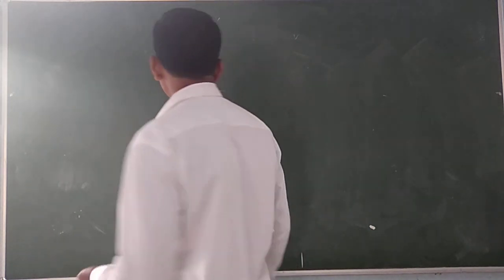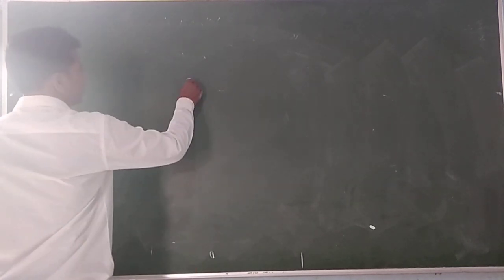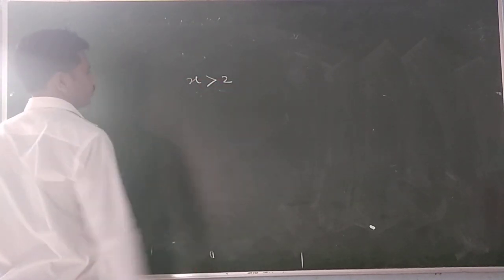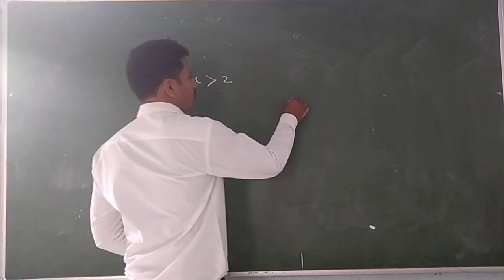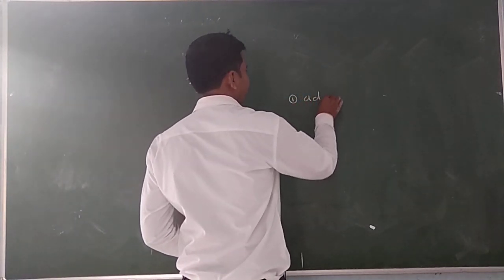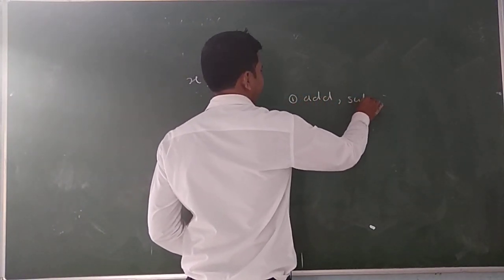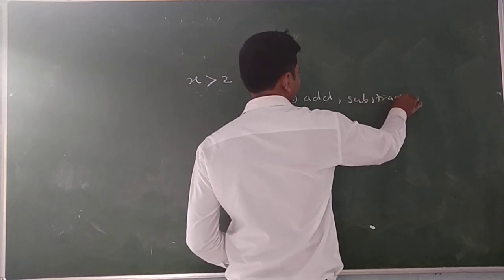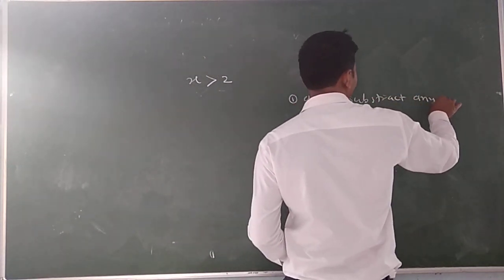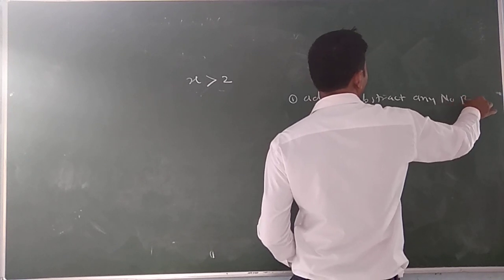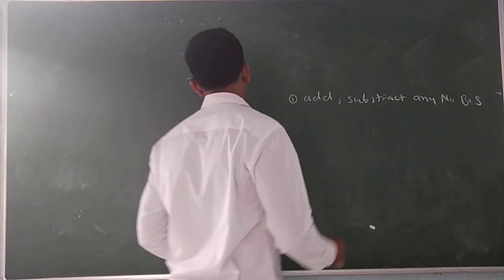Before going to the next topic, we should know some properties of linear inequation. Suppose there is a linear inequation x is greater than 2. The first rule is we can add or subtract any number to both the sides.